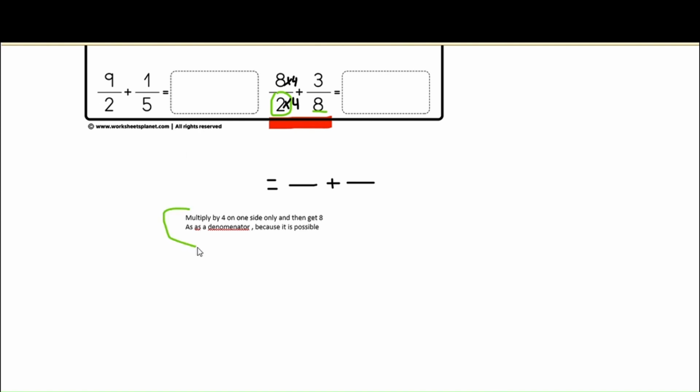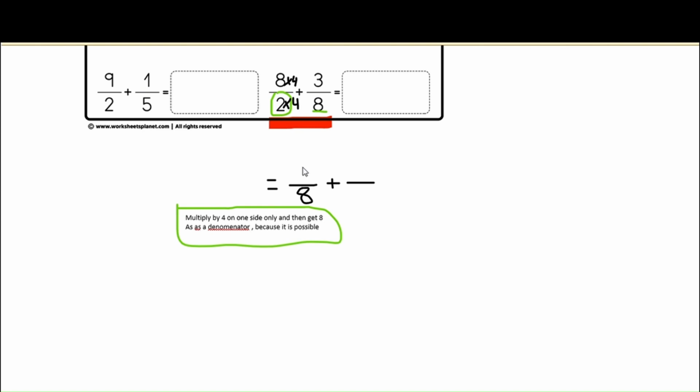Why? You can ask yourself, why are we doing that? The reason is because it is possible. If it is possible to get the denominator to make 2 into 8, then do that, because there's no time to waste working with big numbers. You just take 2 times 4, 8. Easy, easy peasy. You take it simple. I hope you get that.